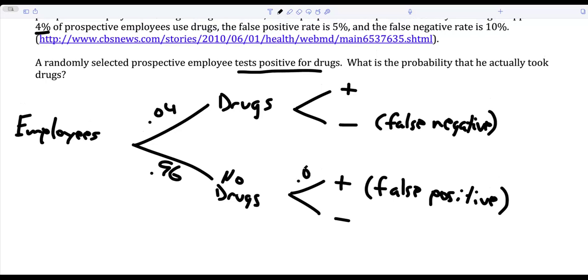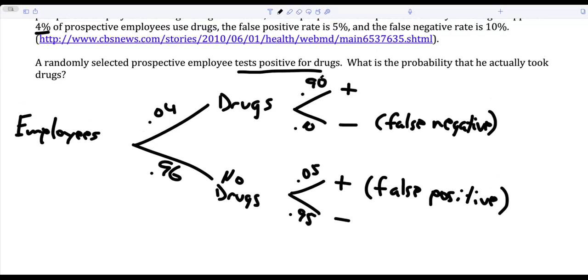So that means this right here is 0.05. And so the complement of that would mean this would be 0.95. And the false negative rate is 10%. So this would be 0.10. And therefore this would have to be 0.9.